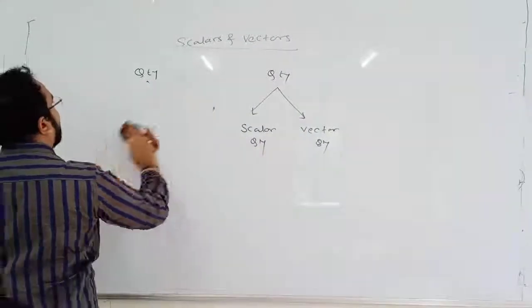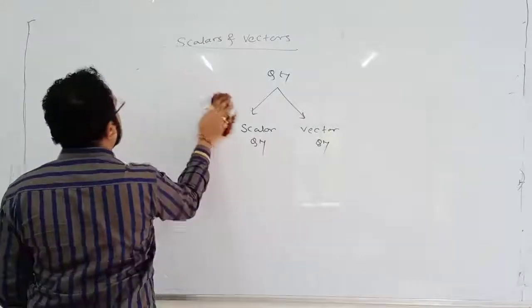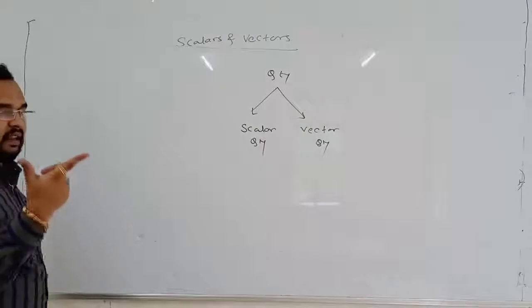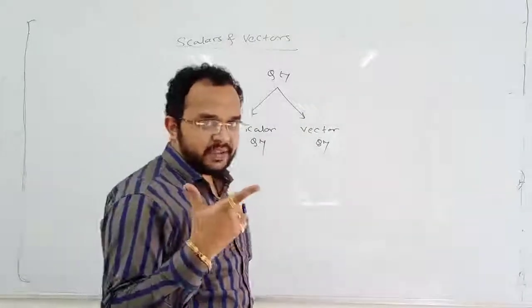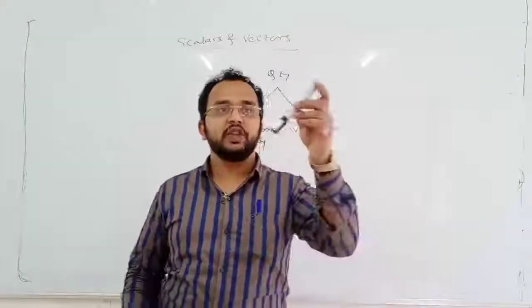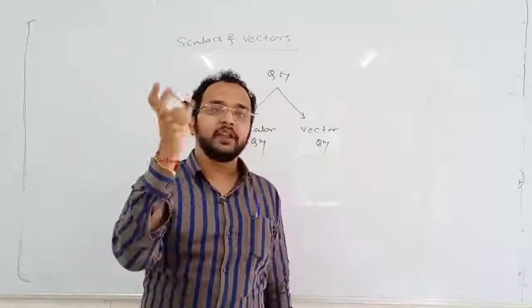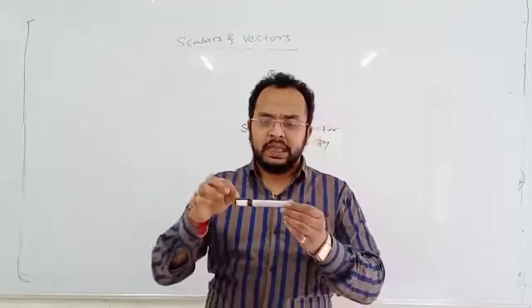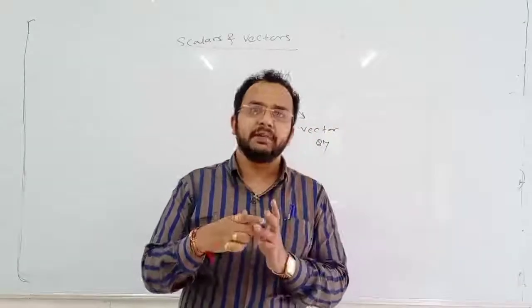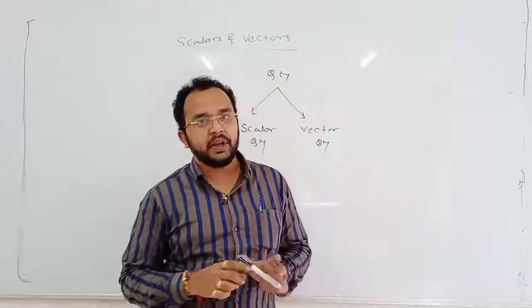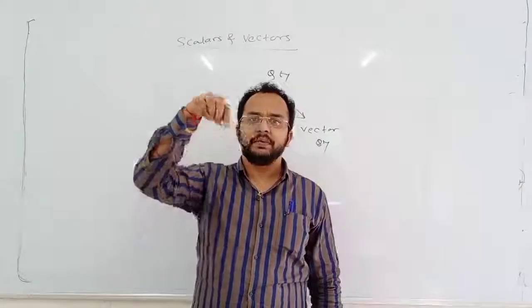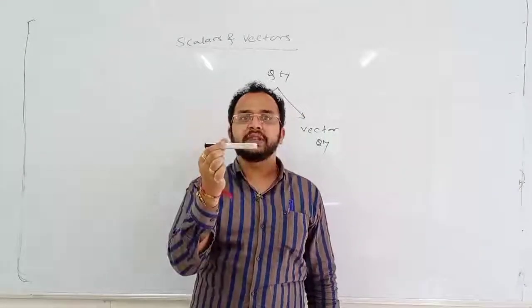Now, for example, the length of a scale, or the length of this pen, the length of this marker. Wherever you go, suppose the length is 15 centimeters. Whichever way it is placed, it is still 15, horizontal or otherwise, still 15.